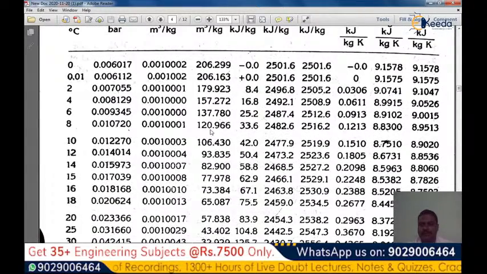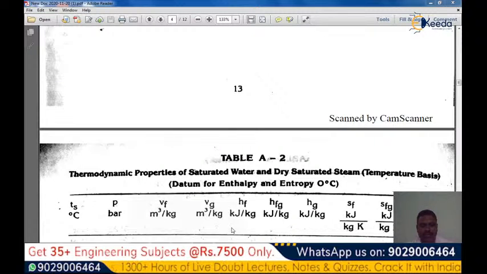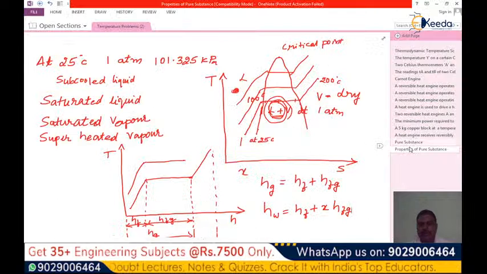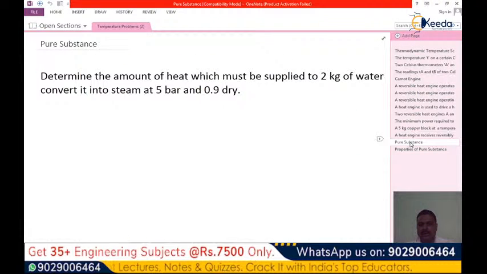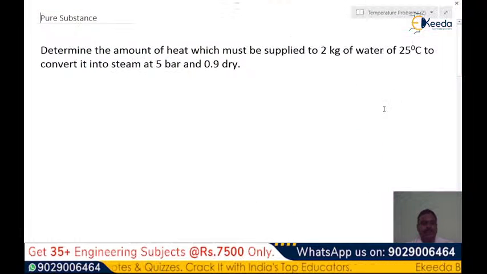So I will start with the first problem. Determine the amount of heat which must be supplied to 2 kg of water at 25 degrees Celsius to convert it into steam at 5 bar and 0.9 dry.